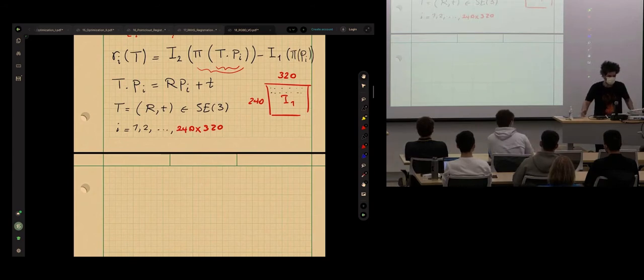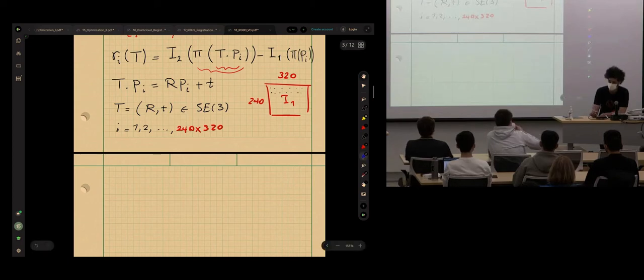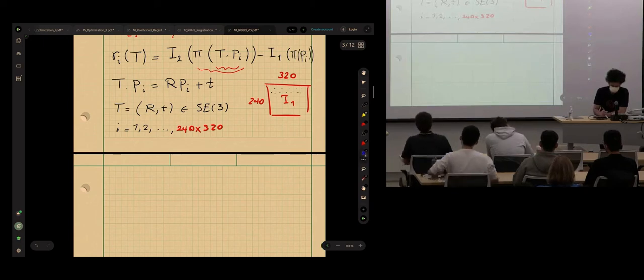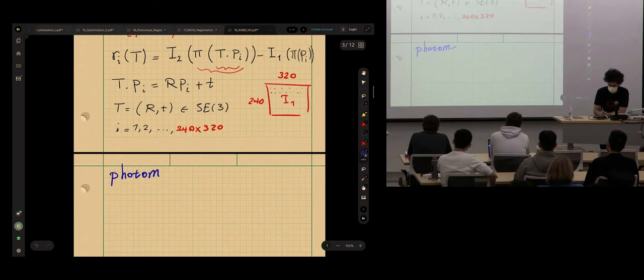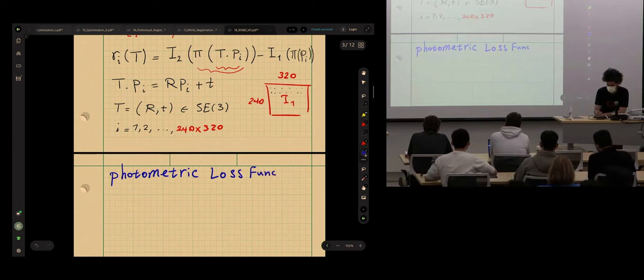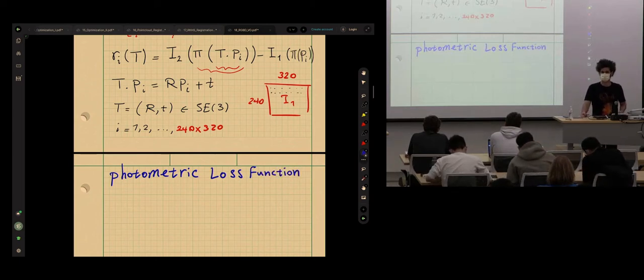Because we only use something that is called a photometric loss function. What we built is called a photometric loss function. So we do not perform registration in 3D.